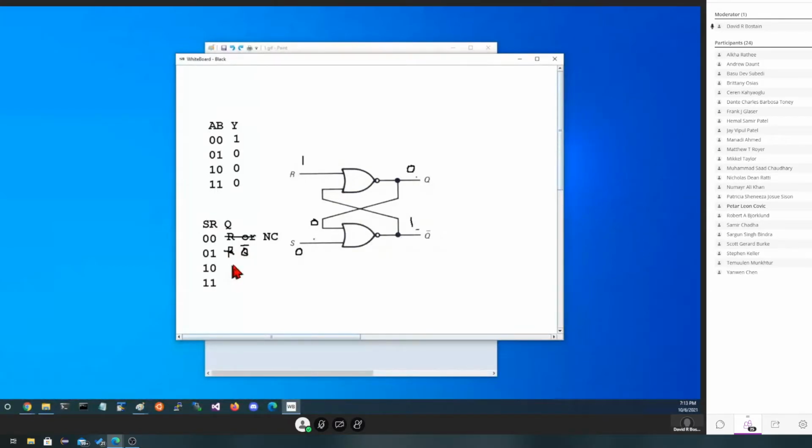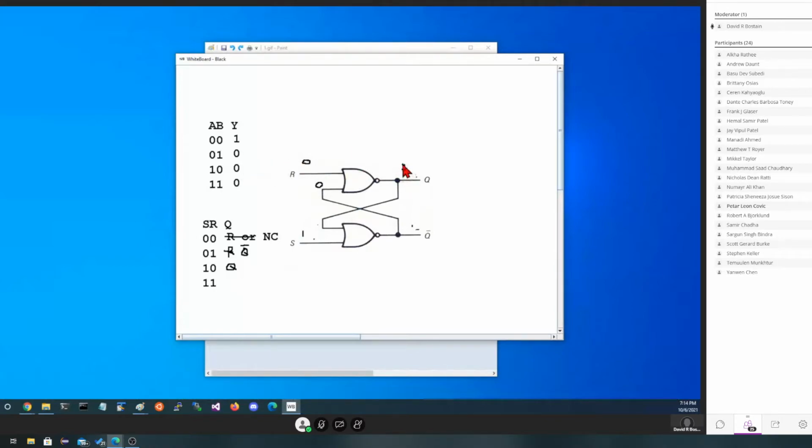Which means this other guy down here is probably going to be the way we do a set. So let's make them do their thing. Intuitively, it makes sense that if we leave this at 0 and we push set, and one of these has to be a 0, the only one that can be is this guy. So he has to have a 0 here to produce a 1 there.